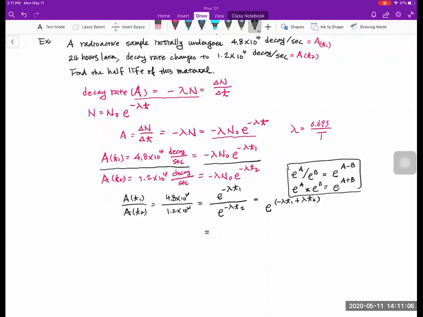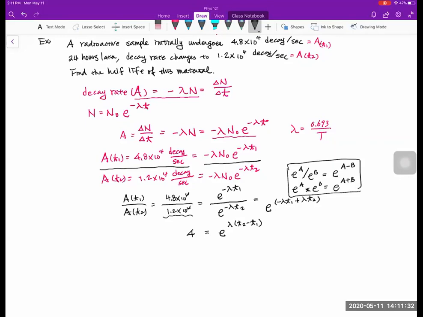Okay, so let me simplify this one. This will be e to the lambda (T2 minus T1). On the left-hand side, if you take the ratio of these two, this gives you 4.